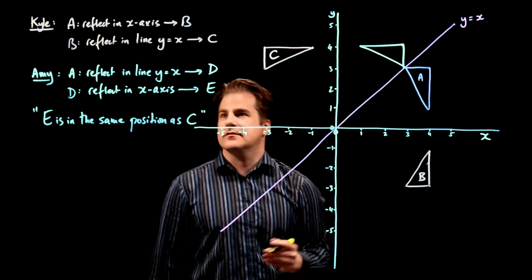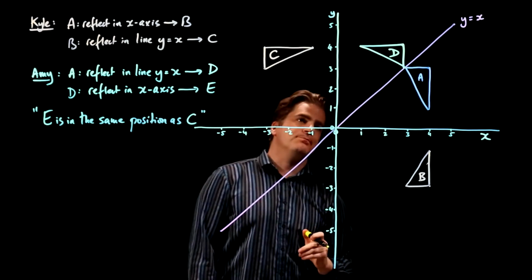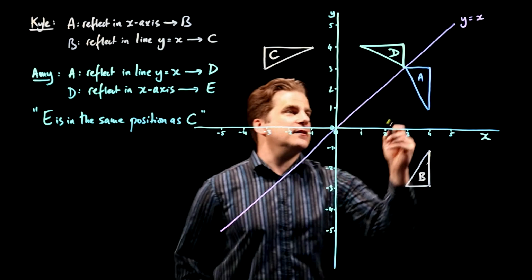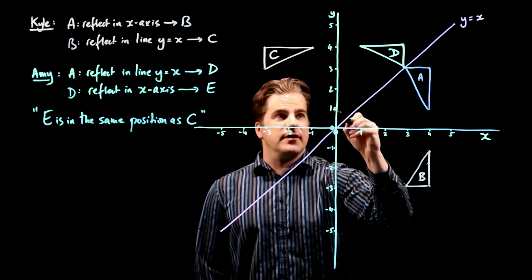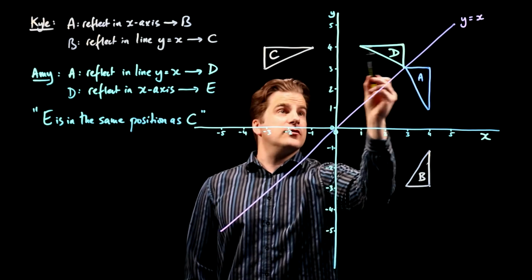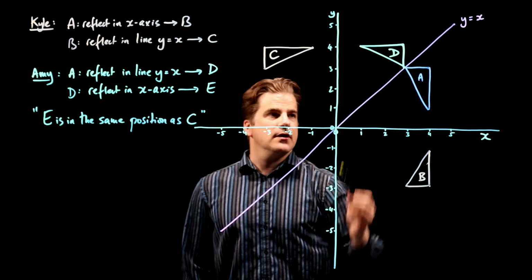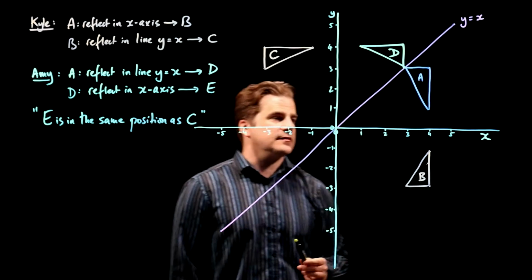So that's triangle D. If you want a bit more persuasion, then from there to there on triangle A is from 3 to 1, it's 2 units, so it has to be 2 from there to there, so from 3 to 1. Right, and then she reflects D in the x-axis.